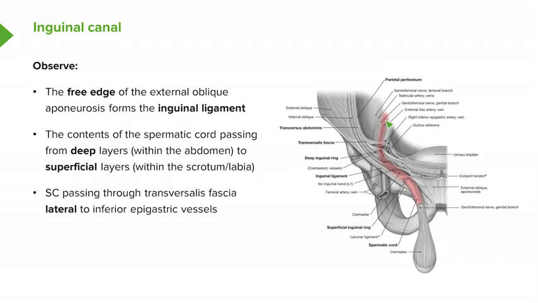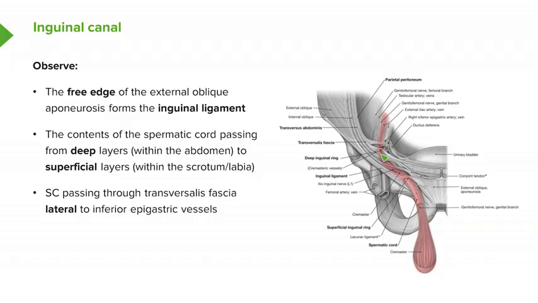As it has passed down, it has taken a layer of transversalis fascia with it. Transversalis fascia lines the posterior abdominal wall, and as the testes went through it, it took a layer with it. It pushed through this membrane, much like when you put your finger inside a balloon. It takes a layer of that balloon covering with it, and that's what has happened. It has passed all the way through with a layer of transversalis fascia.